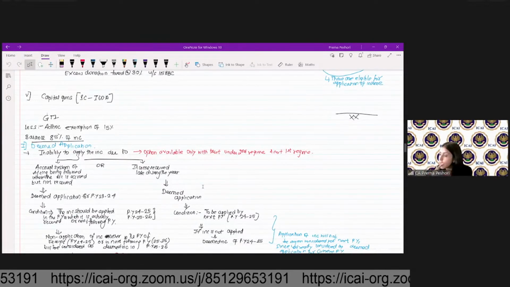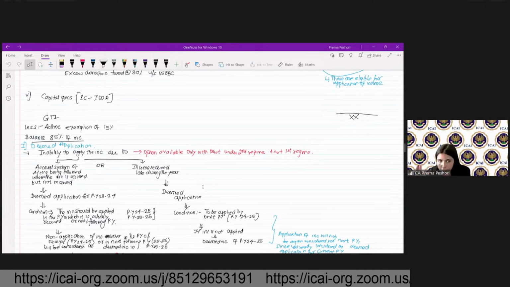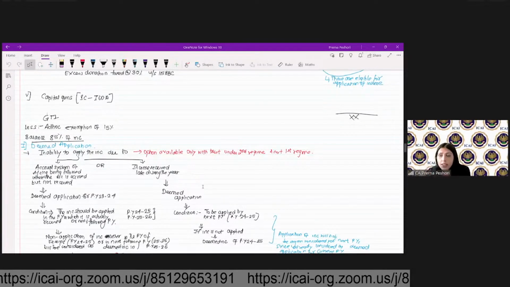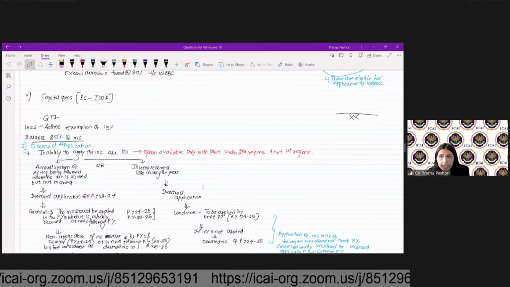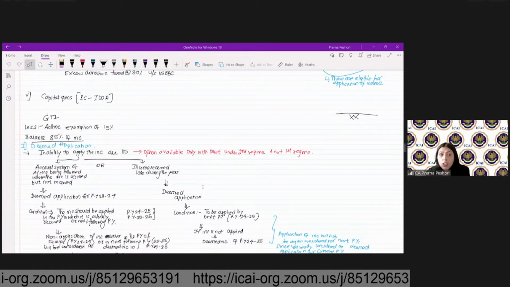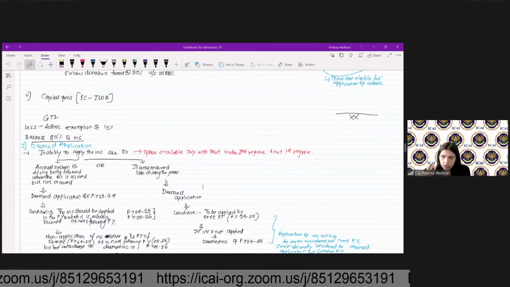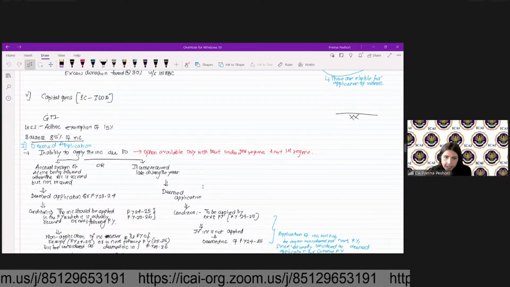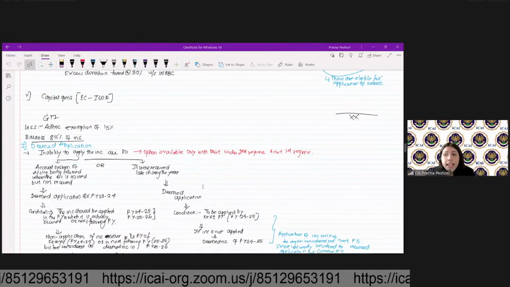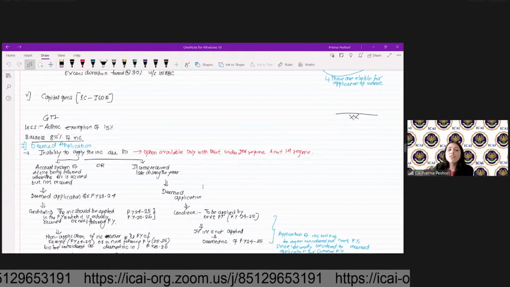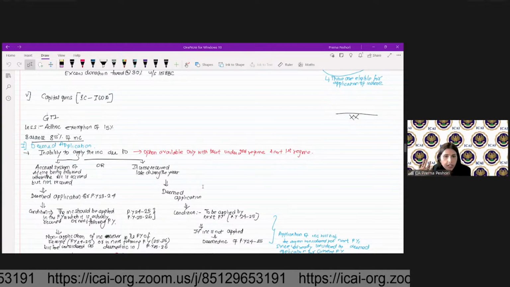This will be considered as deemed application for that particular year. The condition is that the income should be applied in the year in which it is received or in the following previous year. If it is not applied in either of these years, it will be considered as the deemed income of the next following previous year. Are we clear?